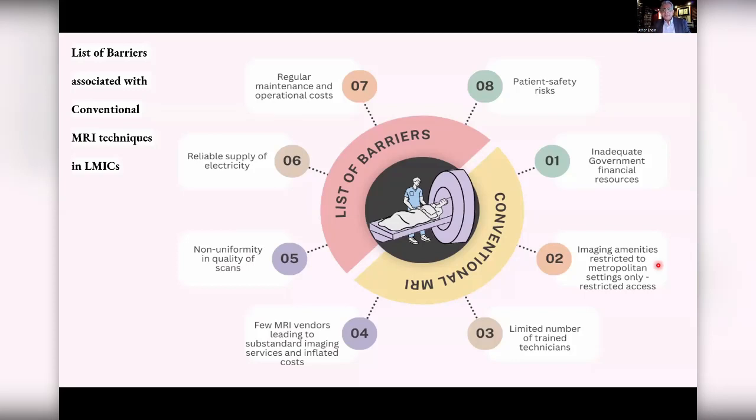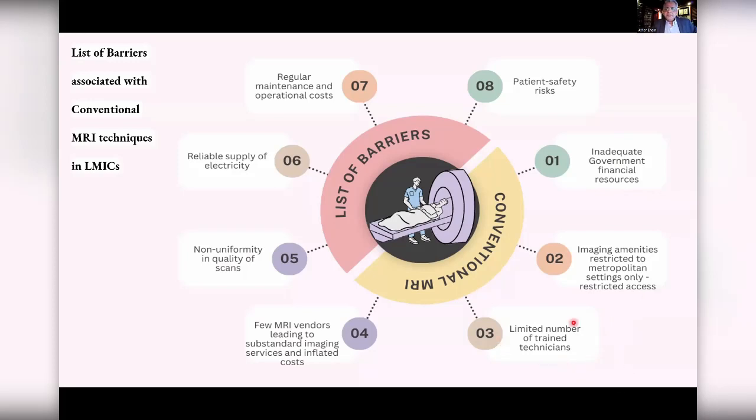So coming to the summary of the ultra low field MRI and the regular MRI, how does it really fit in with the LMIC, with the resource limited setting? There is an issue of inadequate government financial resources, and that's pretty widespread across LMICs. The imaging amenities are restricted to metropolitan settings only, so we don't see this in small towns and other areas, and that's why patients have to travel 50 plus kilometers and maybe up to 500 kilometers.